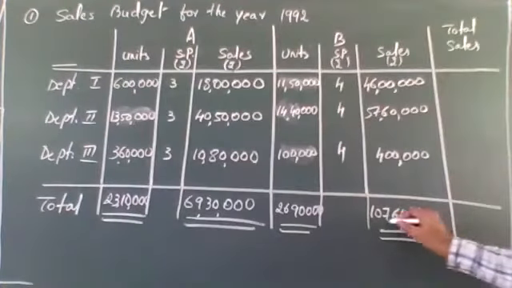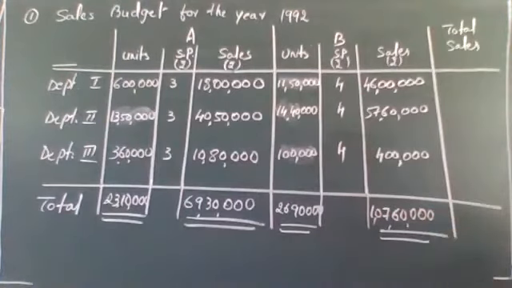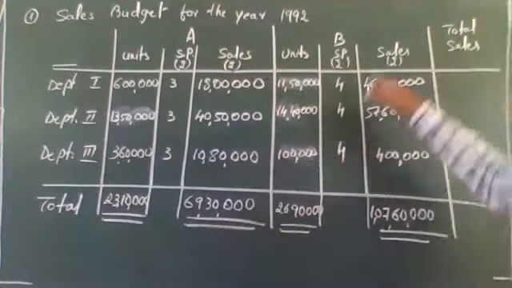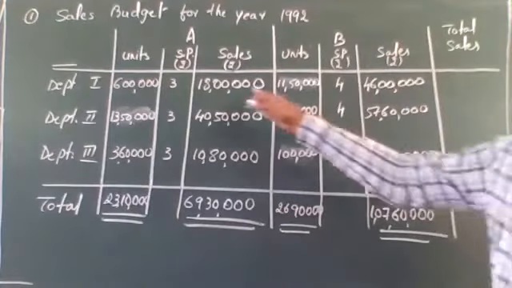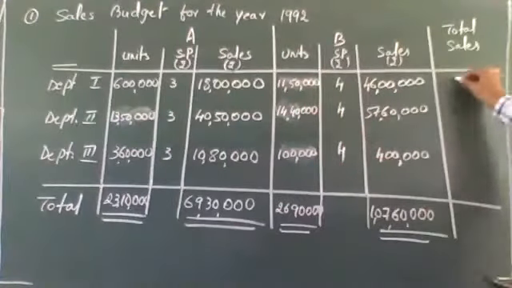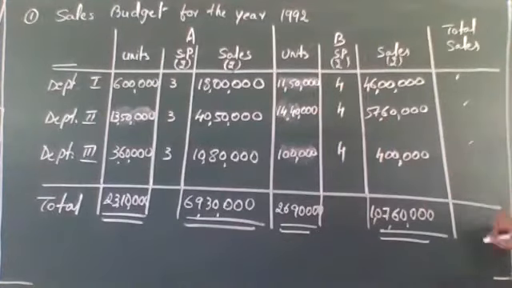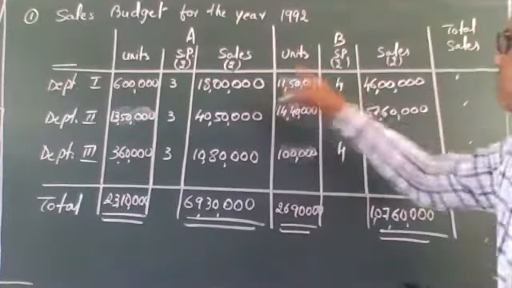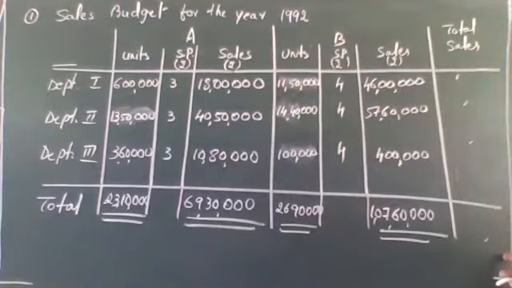Sorry, it's rupees. 1.7 lakh 60,000 rupees. So this is your sales of brand A. This is your sales of brand B. You can in fact add this too and write it here. Right? You can just add the sales of A and B, the total sales of the company you will get.